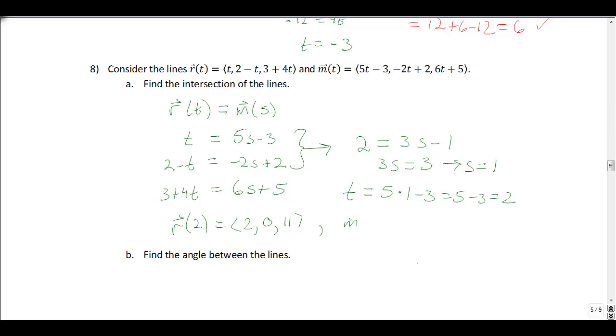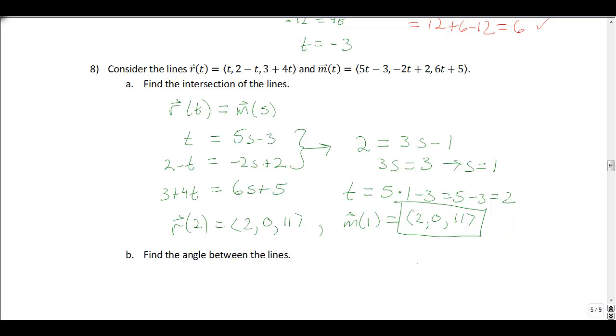Then m(1), plugging in s equals 1: 5 minus 3 is 2, negative 2 plus 2 is 0, 6 plus 5 gives the 11. So our intersection point is (2, 0, 11), the same for both.